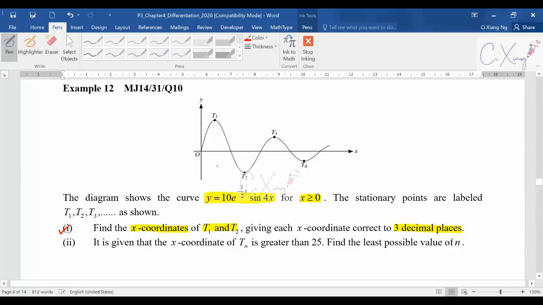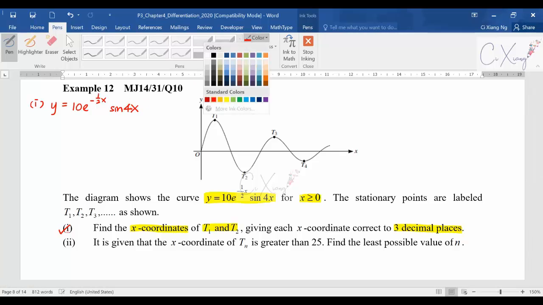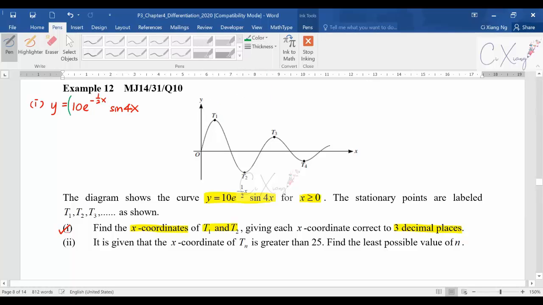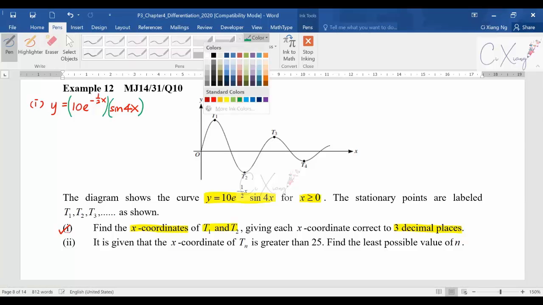As T1 and T2 are the maximum or minimum points, if you want to find them, of course, you need to do differentiation. This is what you learned before. So y equals to 10 e negative half x, and then you're having sine 4x. Myself, I will treat the 10 e power negative half x as one bracket, and sine 4x as another bracket. So you're having two brackets here.